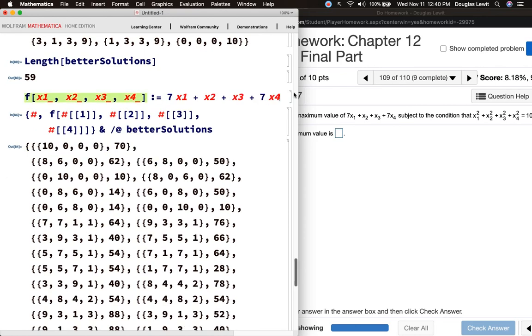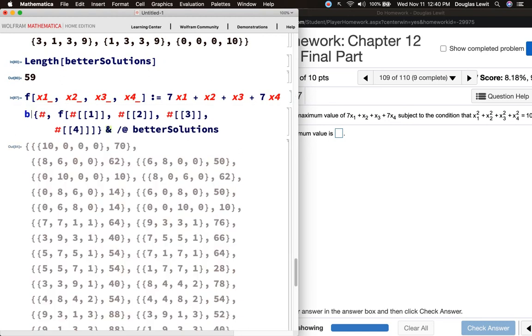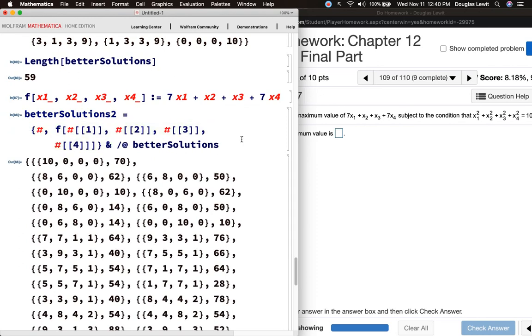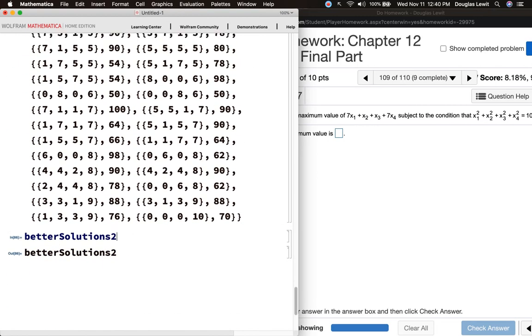Hold on a second. So F, and then betterSolutions2 is equal to betterSolutions2 table form.